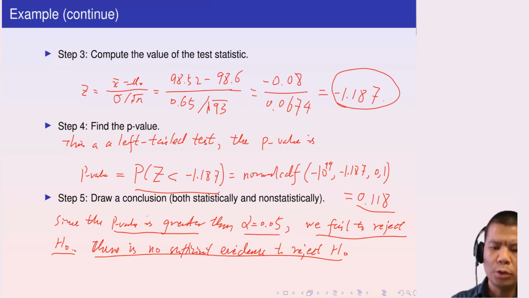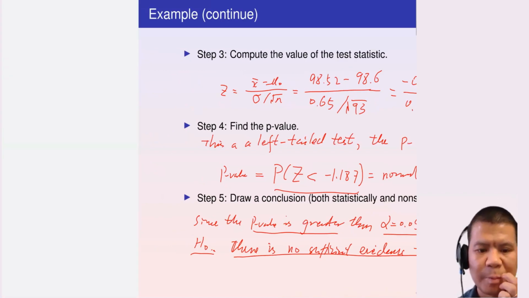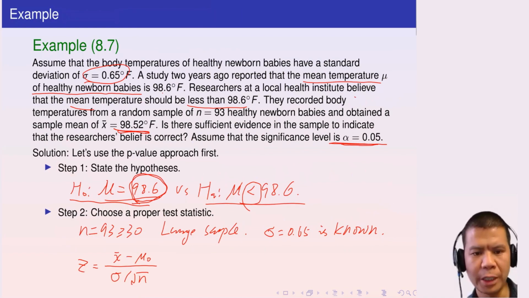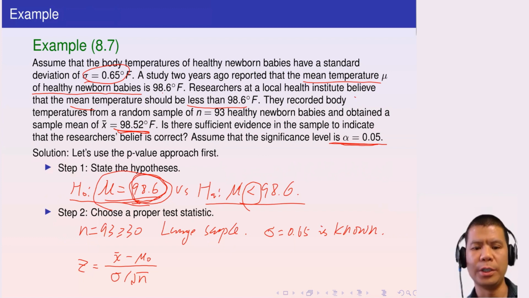Now, you also have to do that non-statistically, which means you need to state this conclusion such that anyone can understand it. Okay, since we fail to reject, the mean temperature should be what? Still 98.6, right?